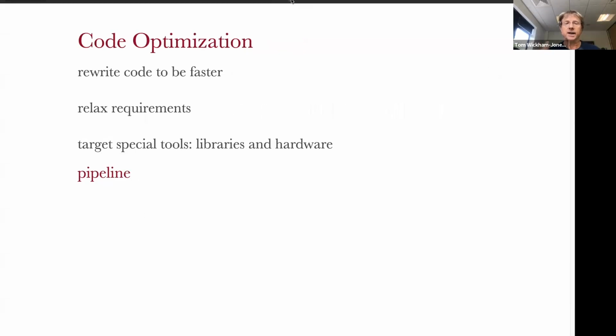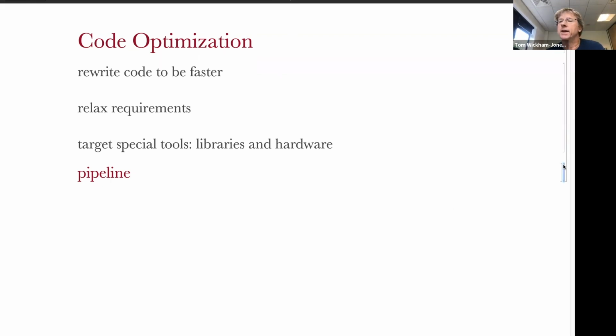So first, I just want to talk about code optimization. This is automatically rewriting code so that it's faster. It might mean that users take some decisions to relax the requirements, sort of turning off safety measures that can sometimes be beneficial. And it might also mean targeting special tools, libraries, and hardware.